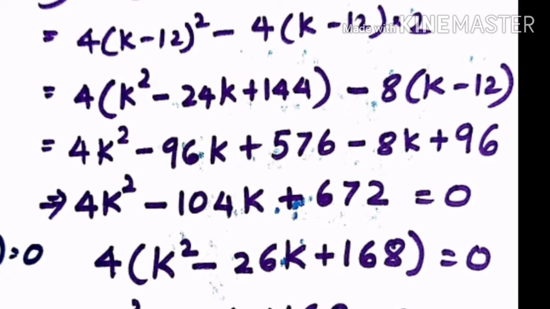Now I take 4 common out of it. So 4(k² minus 26k plus 168) is equal to 0 in the bracket. Now that 4 will go in the denominator of 0, so it becomes 0. So I get k² minus 26k plus 168 is equal to 0.